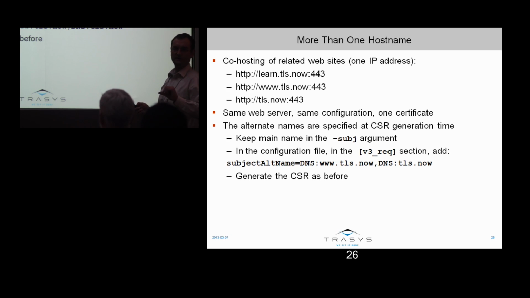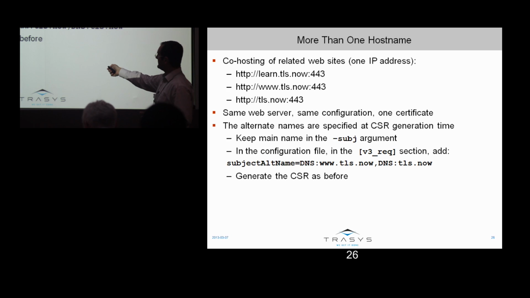So there's a mechanism, there's a convention which allows you to put into the certificate more than just a common name and more than just one host name. You would use, just as before, learn.tls.now and put it into the common name with a -subj argument.